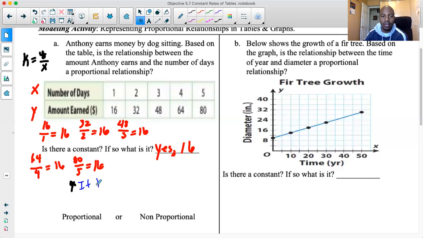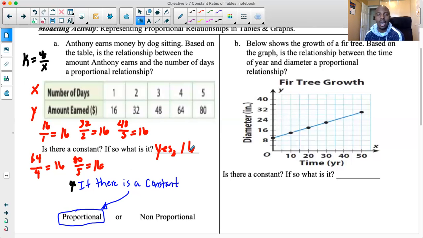If there's a constant, all right, if there's a constant, then you can automatically say that this table is proportional. Okay. Once again, if when you did y divided by x, every single one of these gave you 16, it gave you the same exact number. That's how you can determine if indeed this is a proportional relationship.